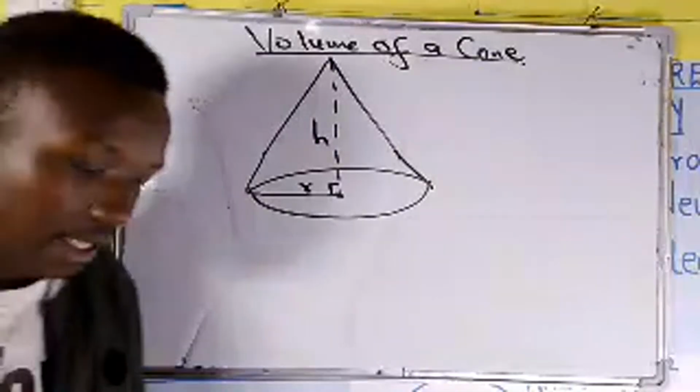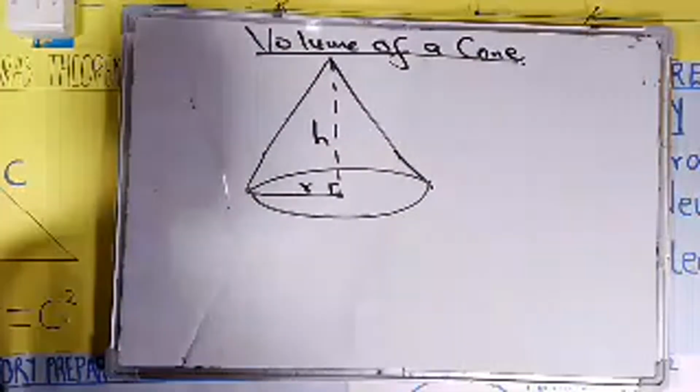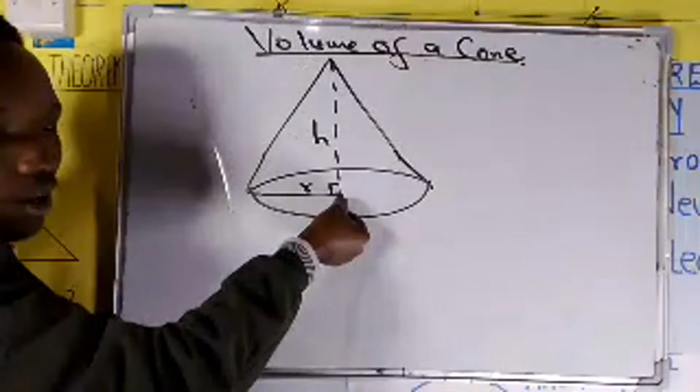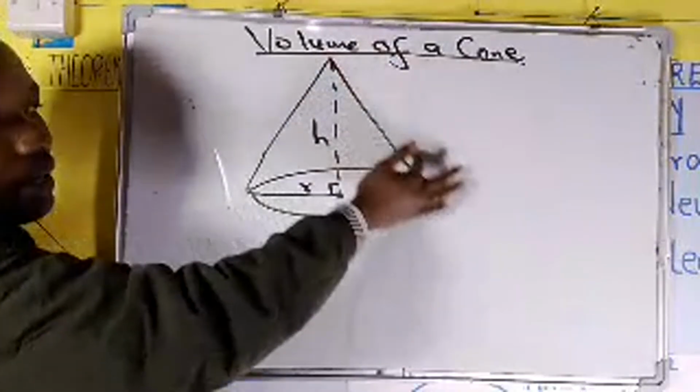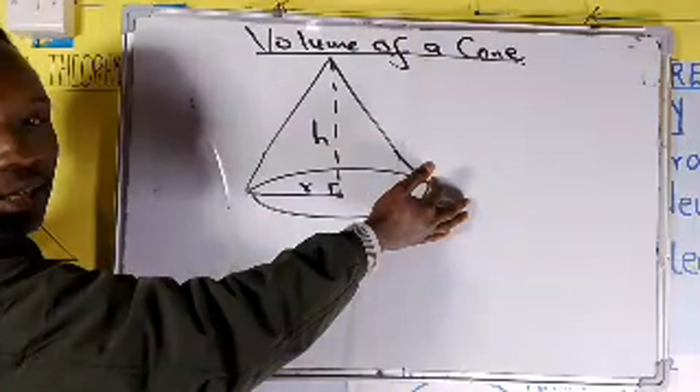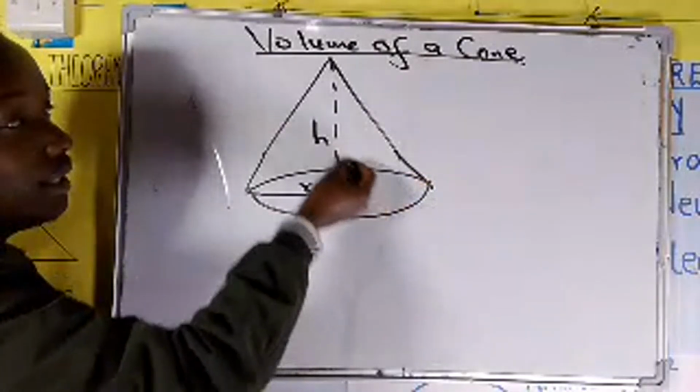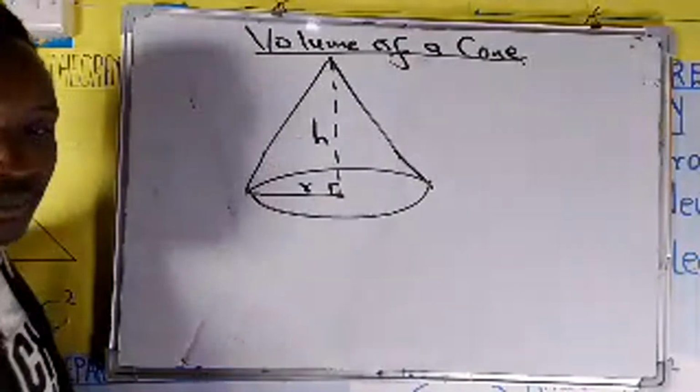The perpendicular height is the height from the vertex of the cone to the center of the base. But the slant edge or the slant height is this one. We call it the length. But the perpendicular one is what we call the height.